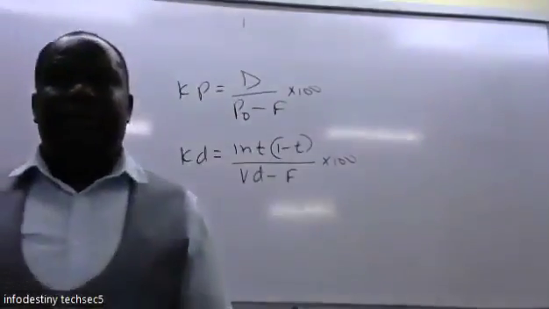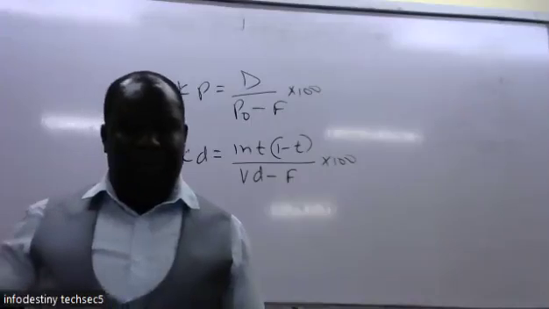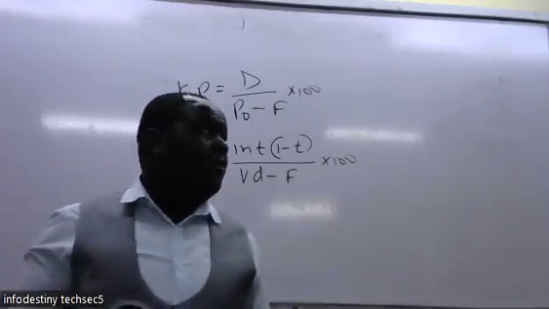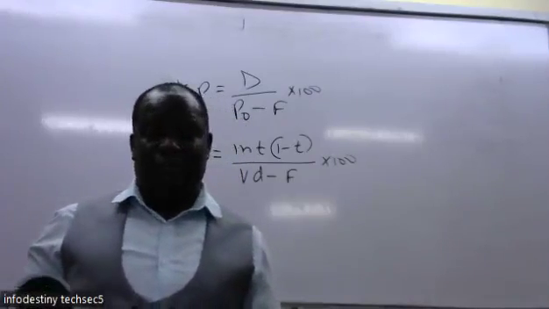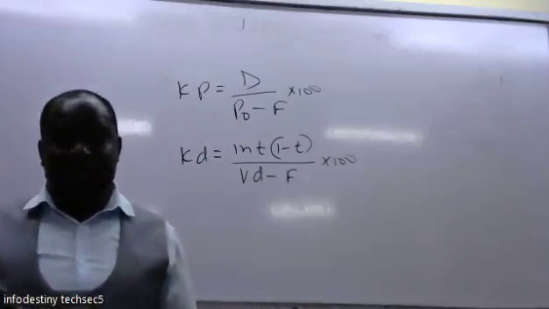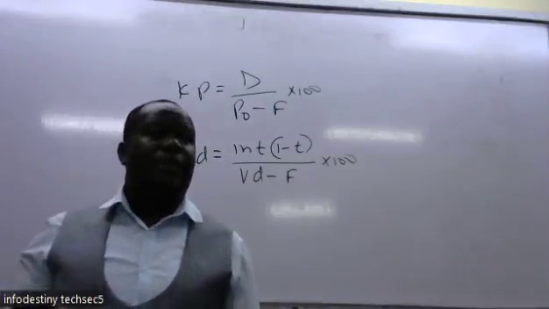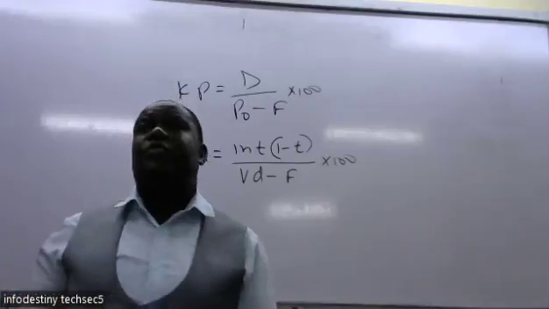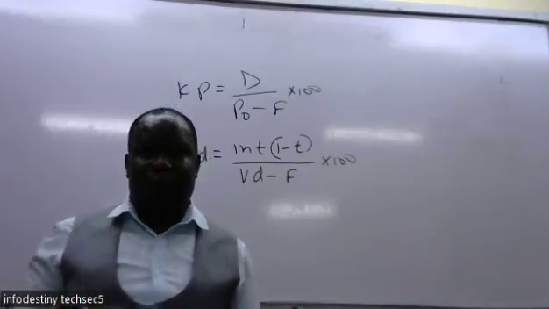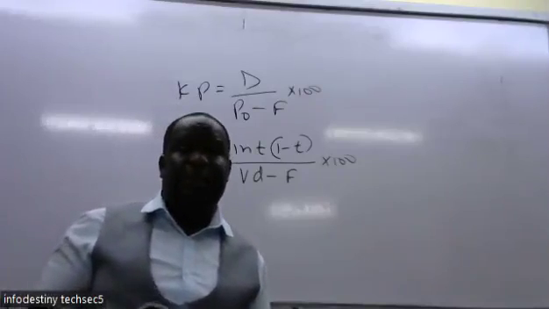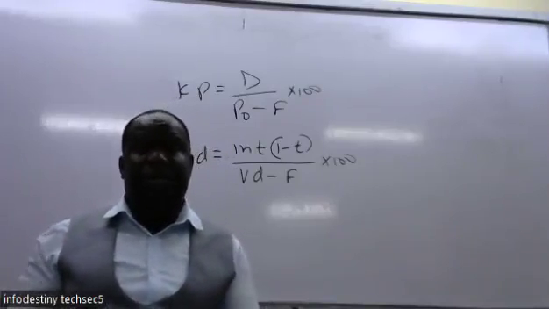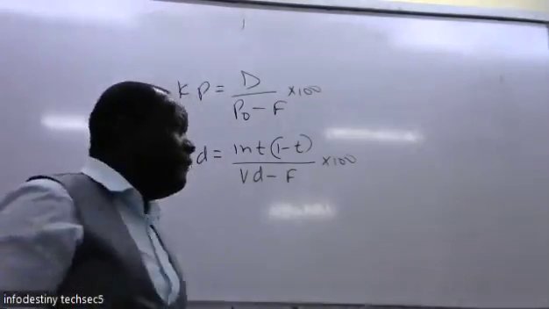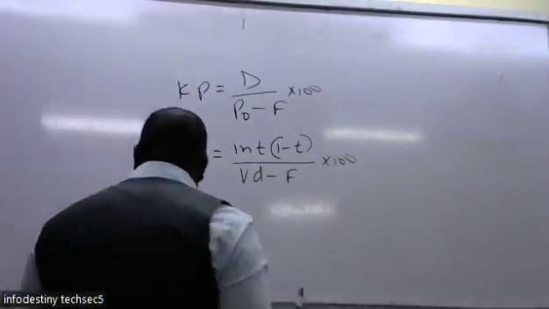Under redeemable debenture, we summarize that the cost of this debenture is also known as the yield to maturity, and it is expressed as follows.